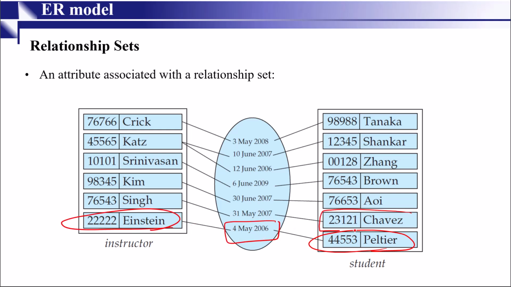The same thing, this student was under supervision of this professor on this date, right? So, an attribute can also be associated with a relationship set. And in here, the advisor relationship set between entity set instructor and students may have the attribute like date here.